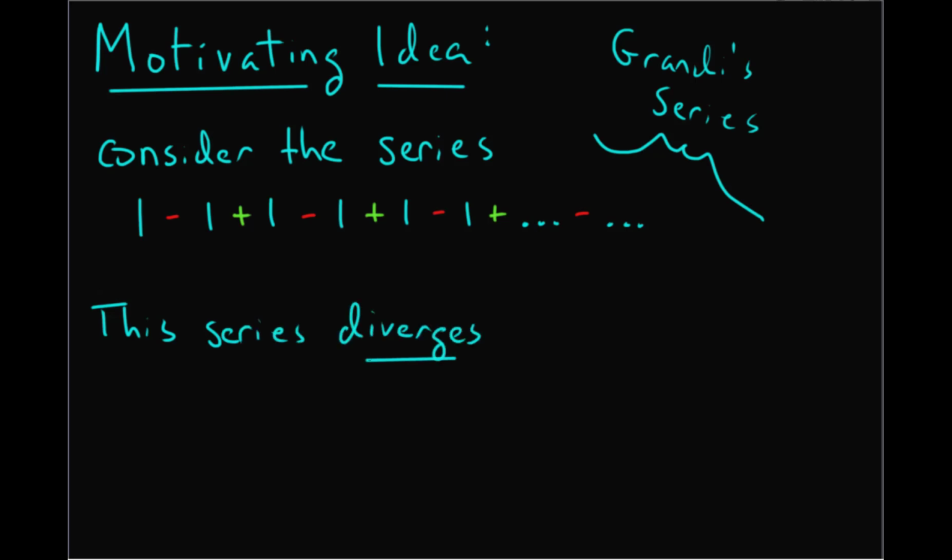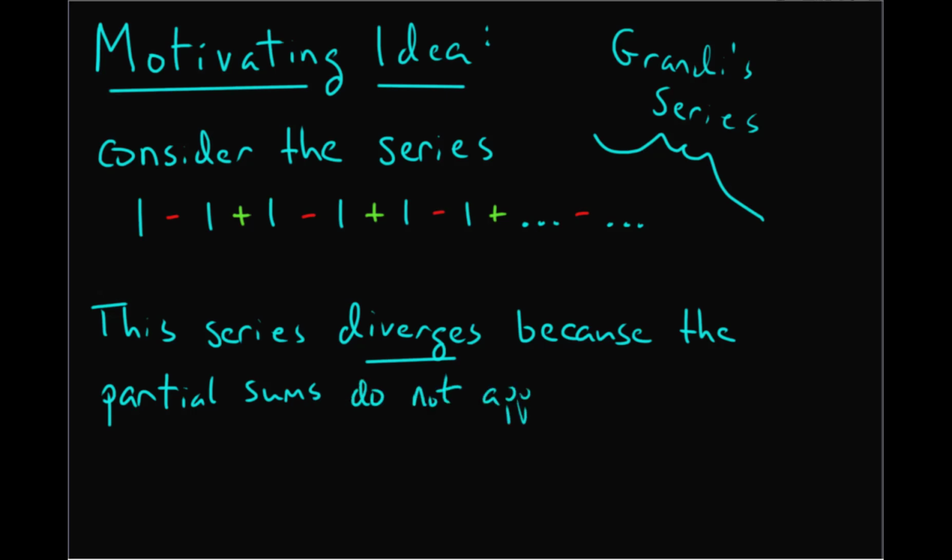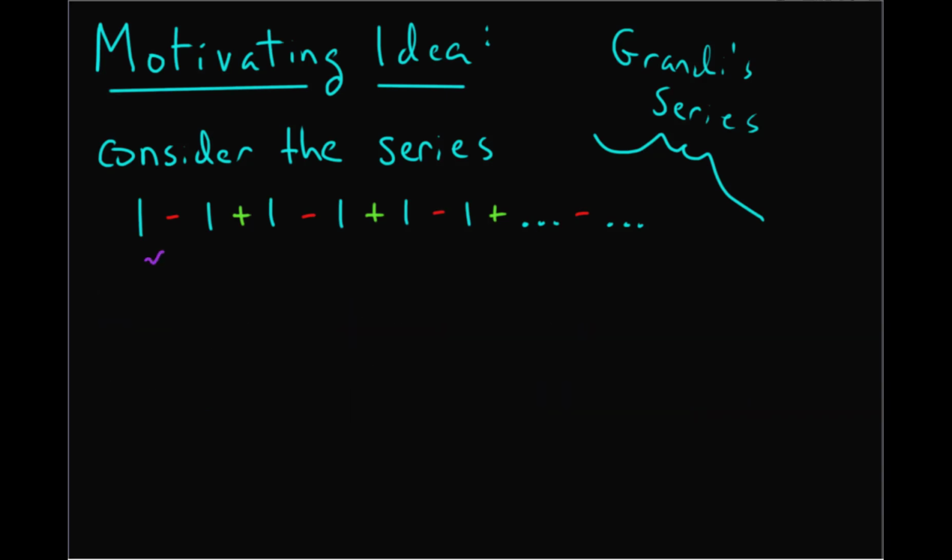It diverges because the definition of convergence is that the partial sums of the series approach a limit. But here, the partial sums of the series don't approach any limit at all. They oscillate. To see this, let's just look. The first partial sum, which would only be the first term, I'll call that partial sum S1. That just equals 1.